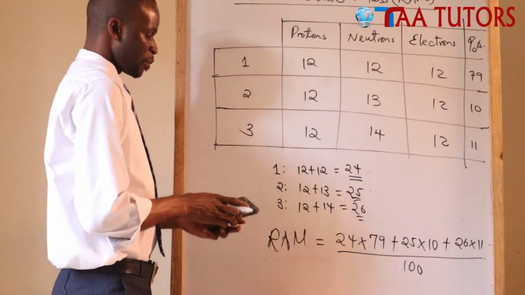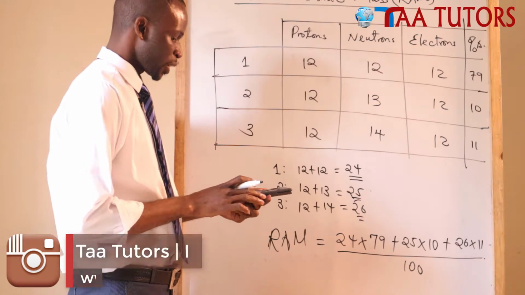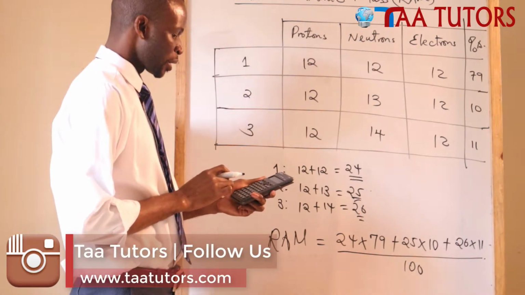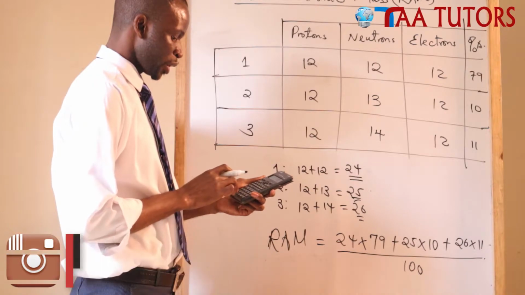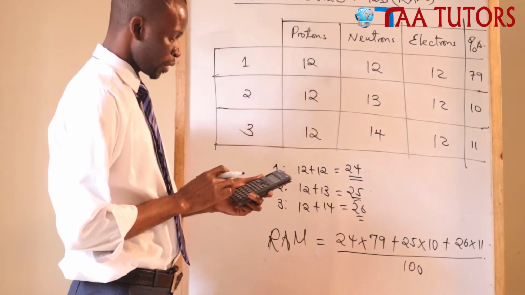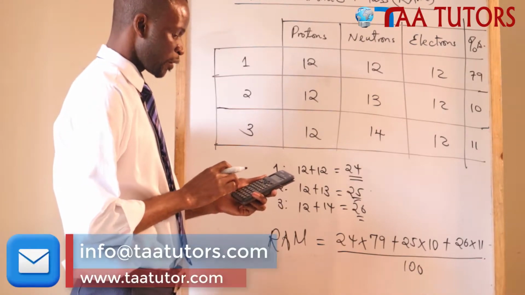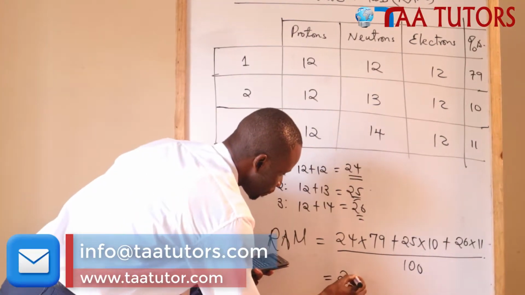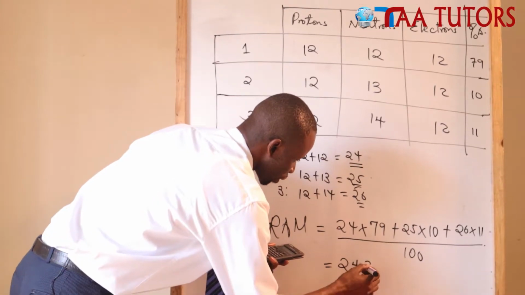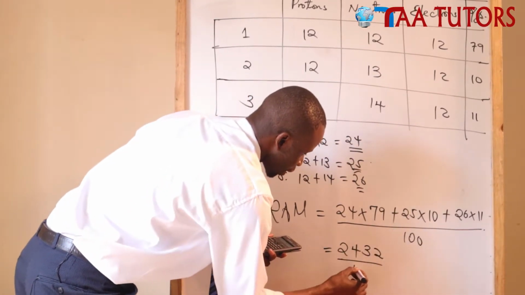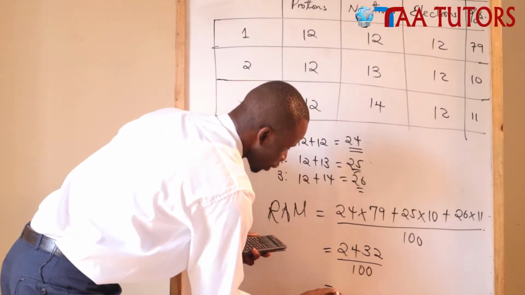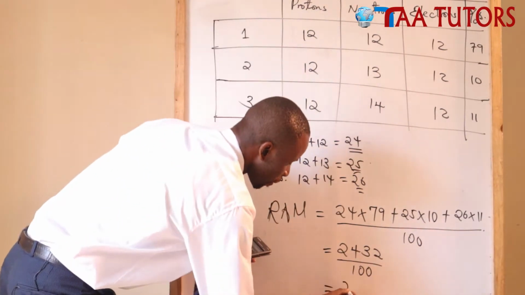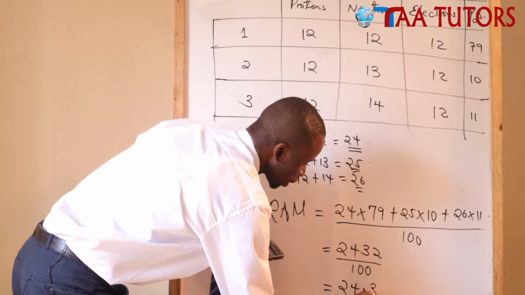So viewer, we can do the math quickly so that we get the answer. That is 24 times 79 plus 25 times 10 plus 26 times 11. According to me, the answer is 2,432. I divide everything by 100, and what I get here is 24.32.